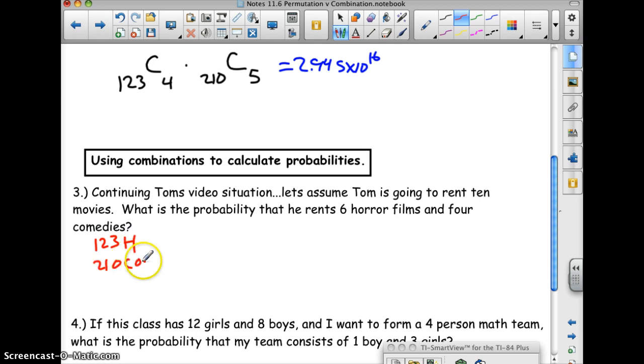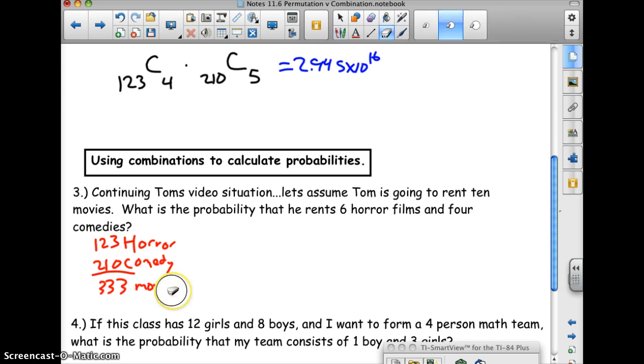Okay, 123 horrors and 210 comedies, which gives me a total of 333 movies altogether. So if I'm using this combination, the number of ways that he can choose 10 out of 333 movies is 333C10.